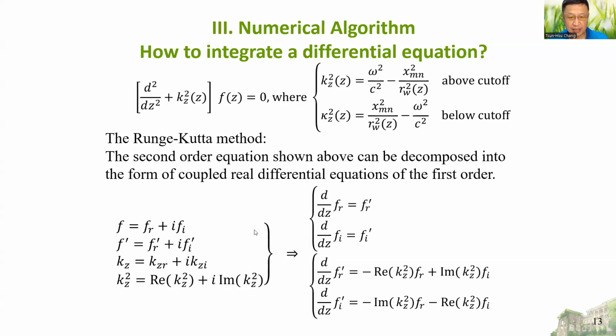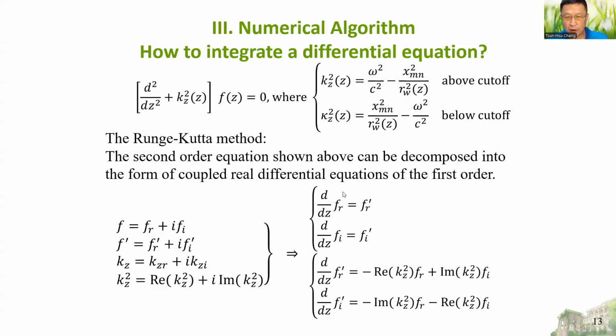And just write f consisting of a real part as well as an imaginary part. So f prime will have a real part as well as an imaginary part. Kz also has a real part and an imaginary part. Kz squared also has a real part and an imaginary part. Substituting these variables into here, we get two parts.